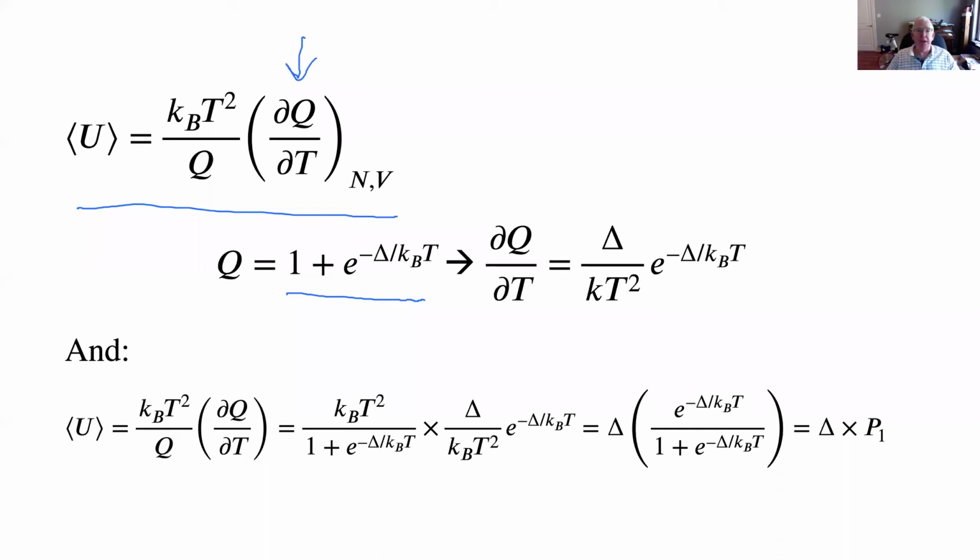So if I take the temperature derivative of that, you should be able to convince yourselves that you just get this because I've got those terms coming down from out of the exponent. And then if I take that and do some rearranging on it, I want to take those things and put them in here. So I get kBT squared over Q. This thing on the bottom, that's Q.